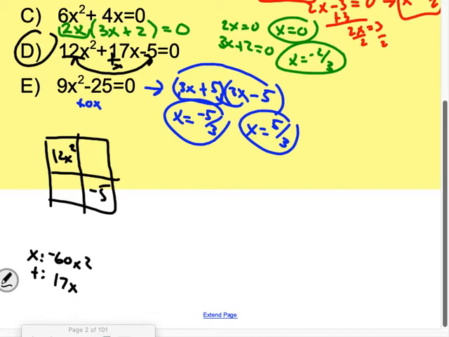So I'm thinking a positive 20x and a negative 3x. Those multiply to negative 60, and they add to 17. So I put those in the other two corners. So we have negative 3x and 20x. And then it's just factoring out the GCF from each row.